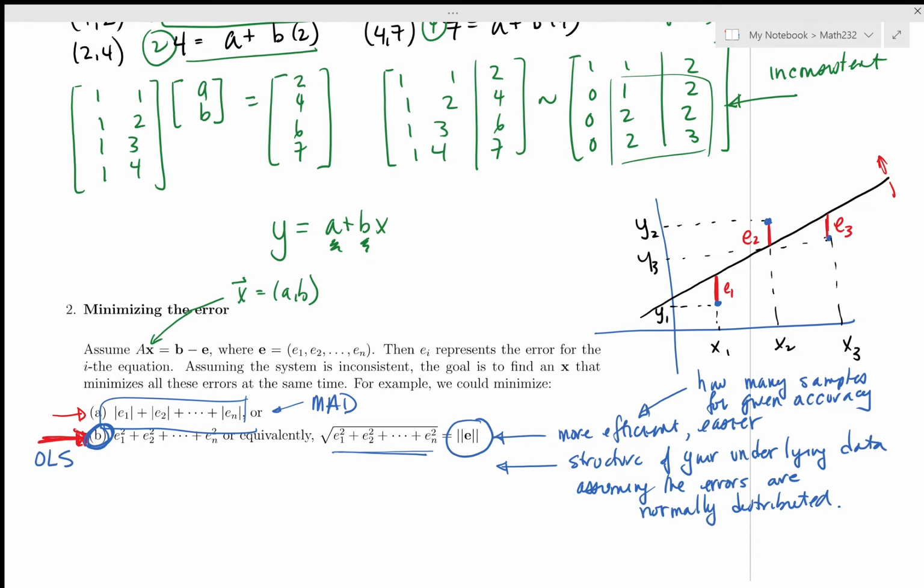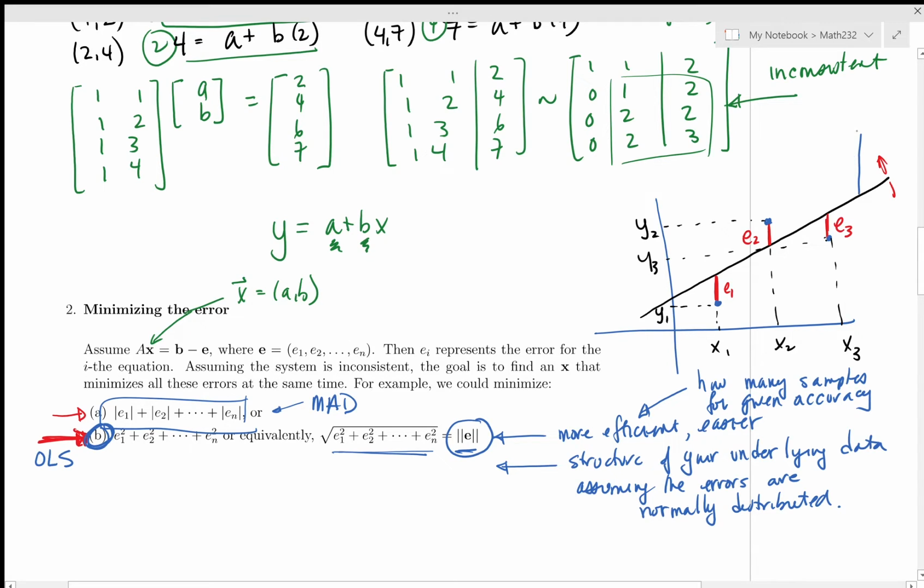If you're interested in that, there's a lot of literature on it. Meanwhile, we're going to move on, and what we are going to do is minimize the sums of the squares of the error. Notice that by making that decision, we are emphasizing points that have a lot of error.